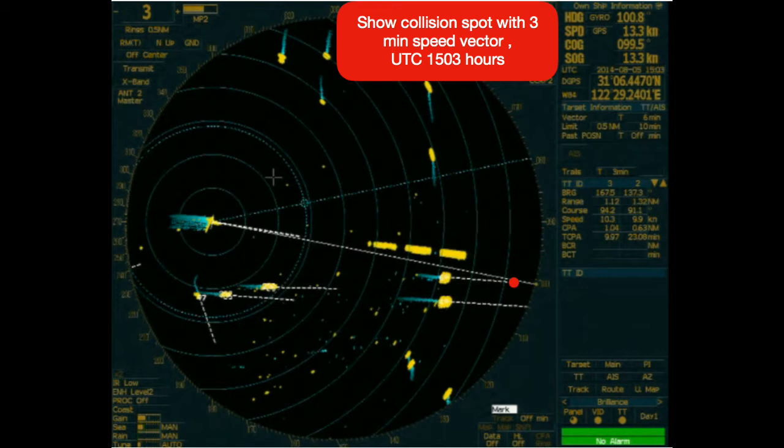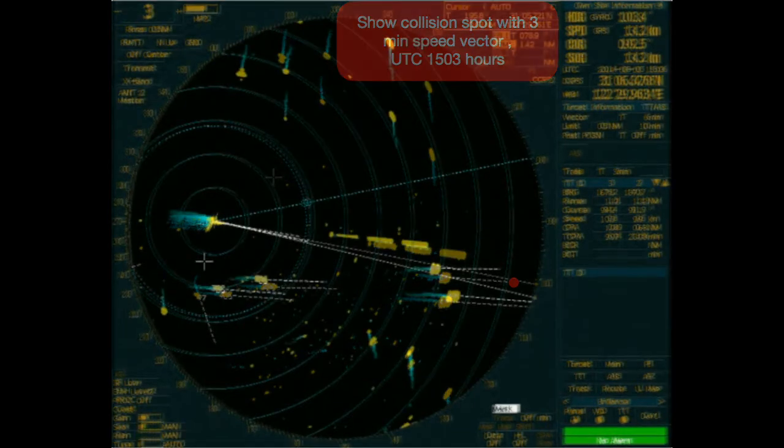Actually, this spot is not of great concern to us, because the timing is 20 minutes later. The actual problem is the vessel coming from the south, which was a tugboat and his tow, and another small northbound vessel.